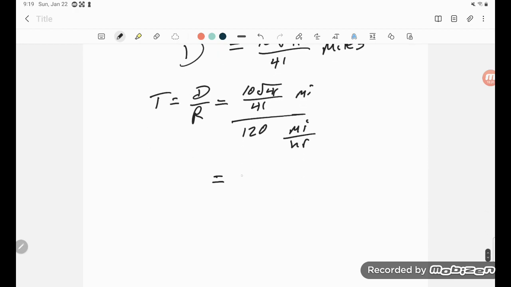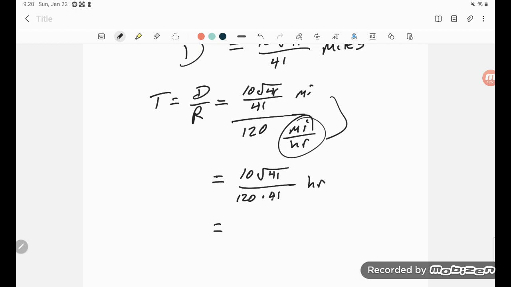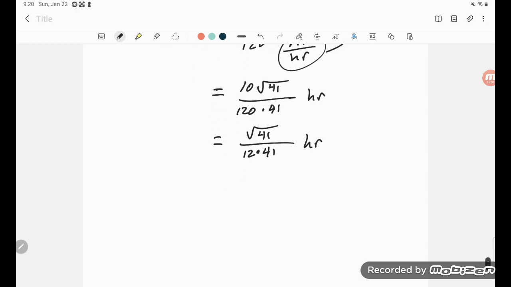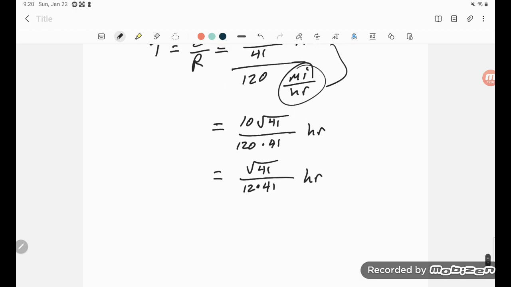And so we get 10 times the square root of 41 over 120 times 41. And that's hours when we invert and multiply up here. So this is the square root of 41 over 12 times 41 hours. Now, that's actually not real helpful to me.